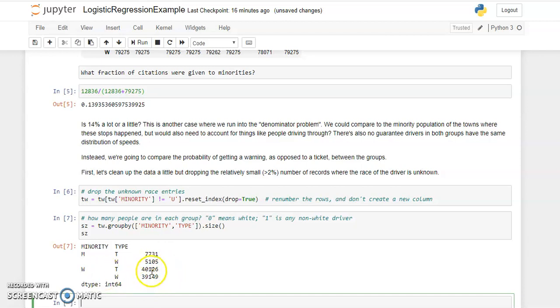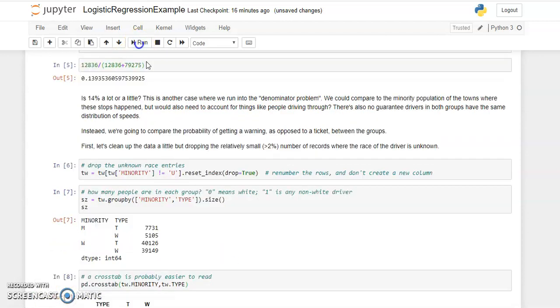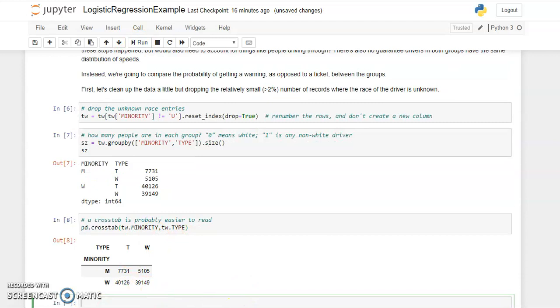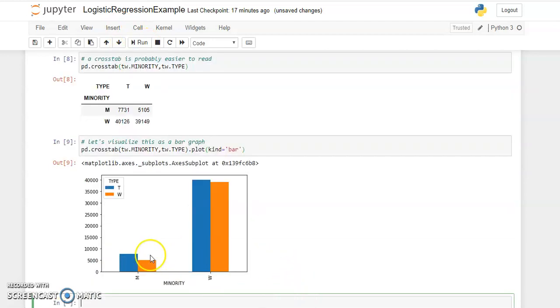So, we can see it looks roughly even for white drivers. It looks a little less even for minority drivers. And so we can create a nice little crosstab here that's going to show it to us in table format, and probably even easier for us to view is to look at it as a graph, right?